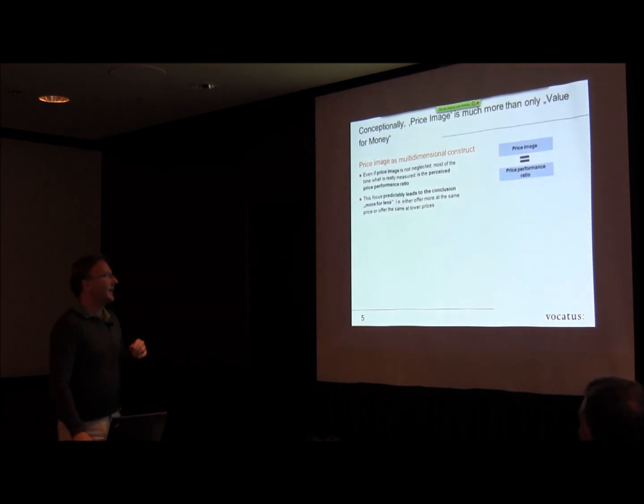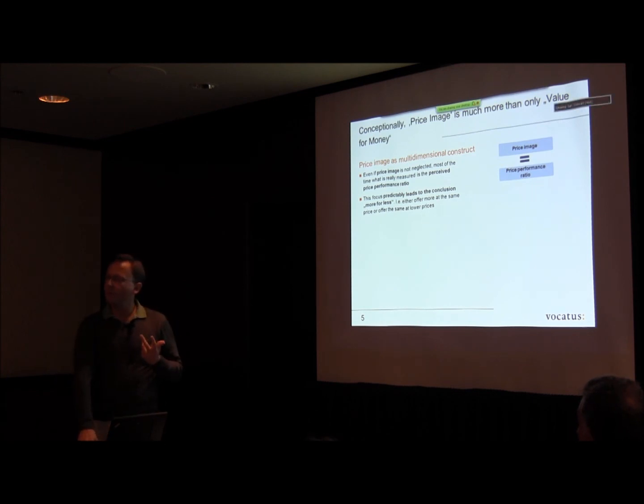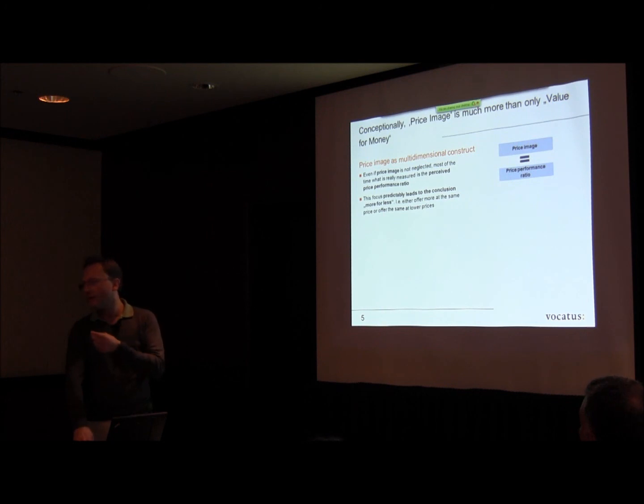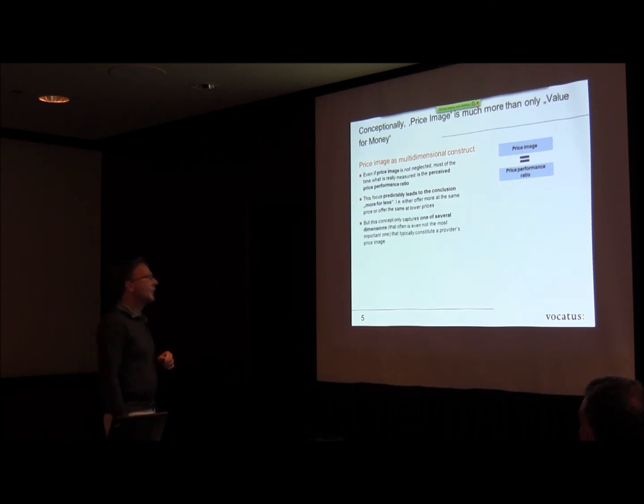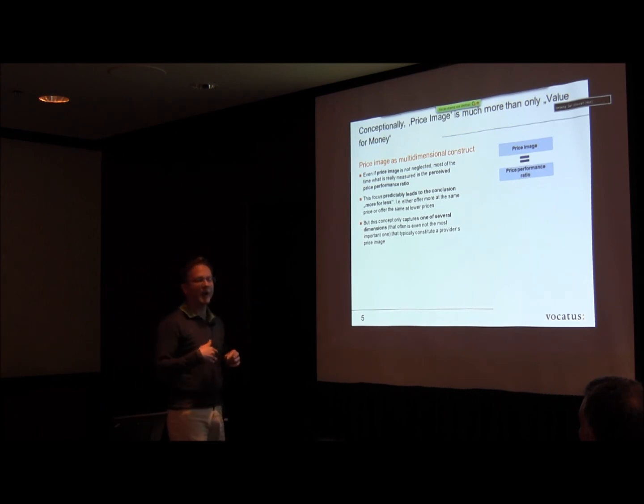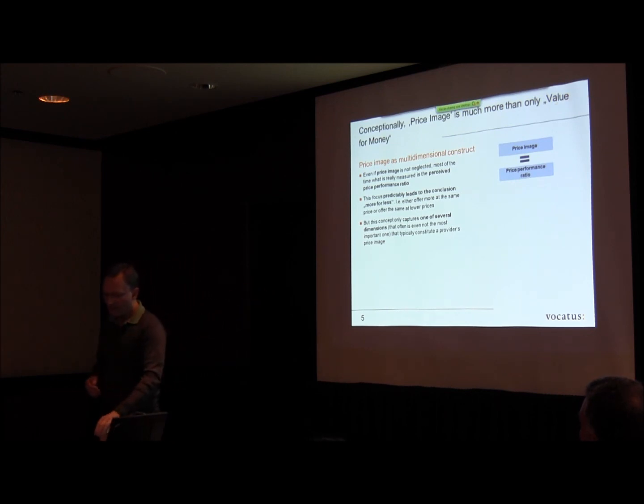So we did our own study where we tried to analyze the multidimensional structure of price image, to better understand what role price image plays in these early stages, or even for the price-image-only buyer, throughout the decision-making process. And it turns out that there are many more dimensions than only price and value.